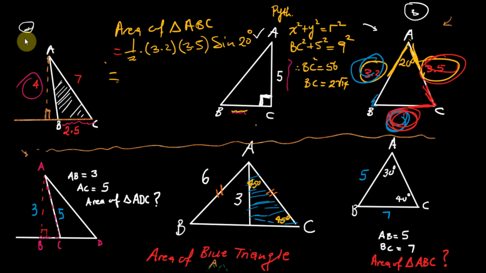So it's half multiplied by 3.2 times 3.5 times sine 20, and this is approximately 5.11 square units.